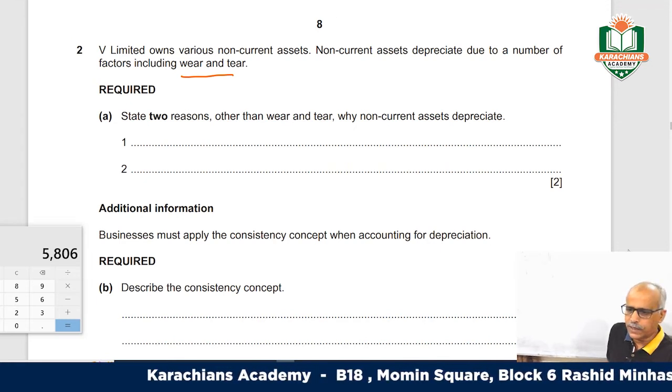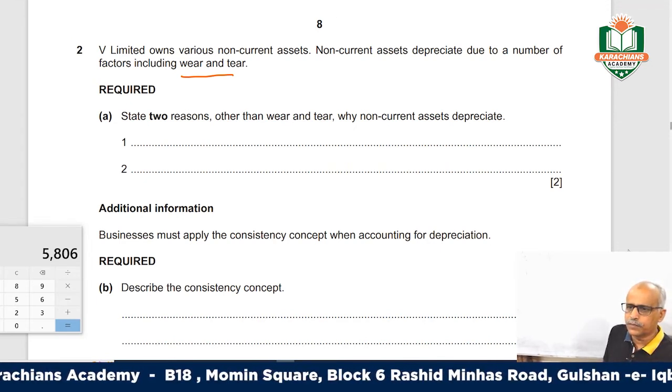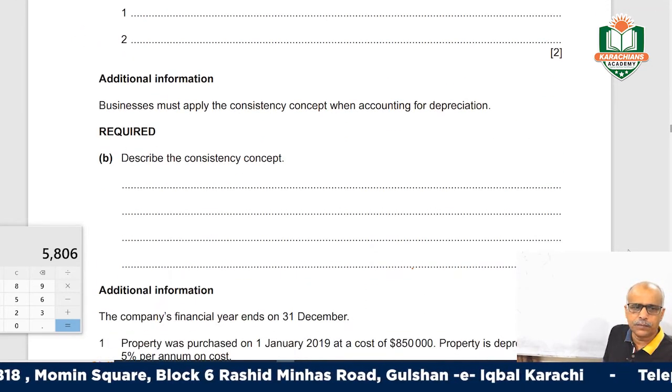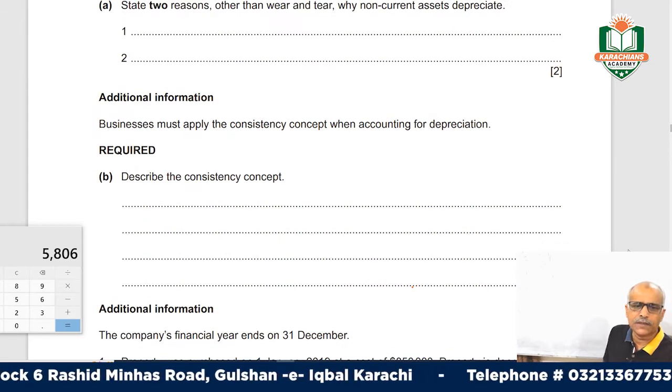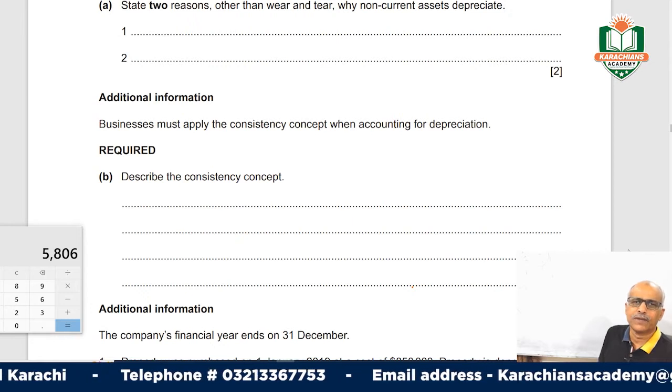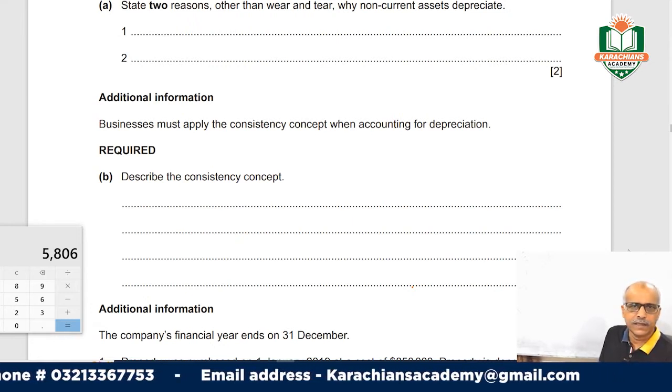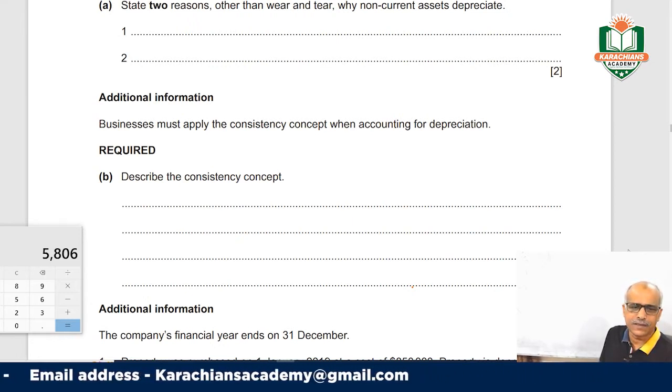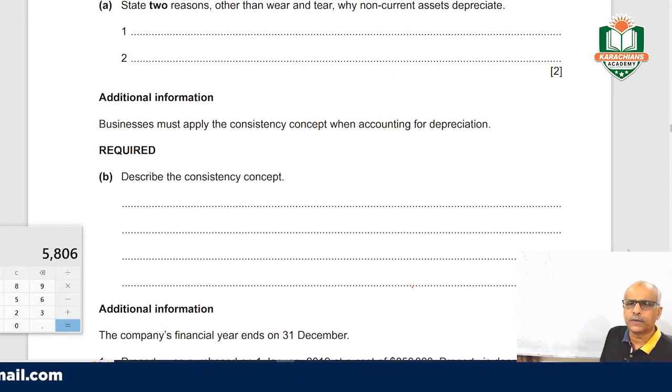So the second one, part B, describe the consistency concept. So you already have studied from your O levels and in AS level what consistency is. You know the policies and procedures we adopt in accounting, we have to adopt and apply them consistently.